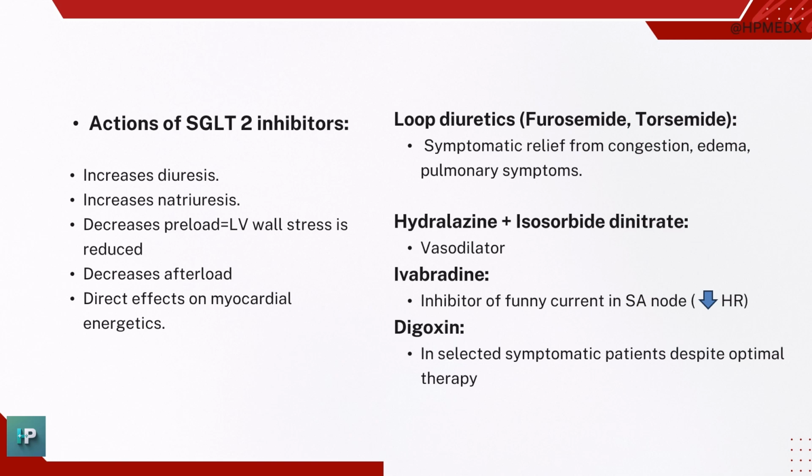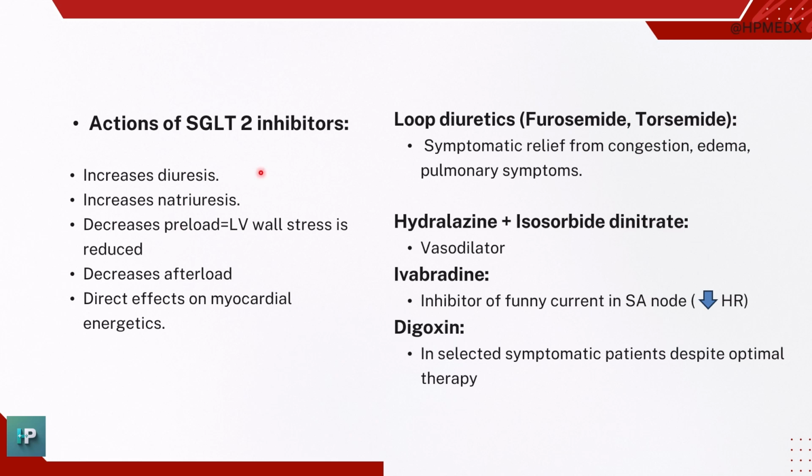And the actions of other drugs such as SGLT2 inhibitors, it results in diuresis and natriuresis, and because of this the preload decreases, so that LV wall stress is also decreased.